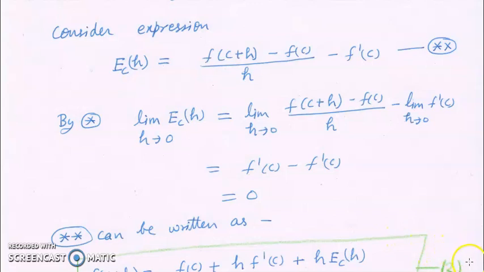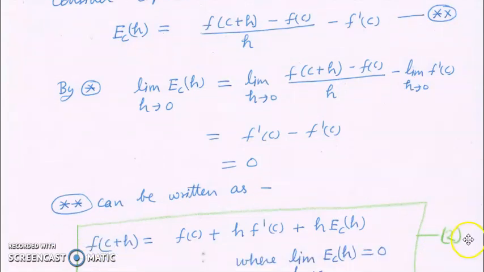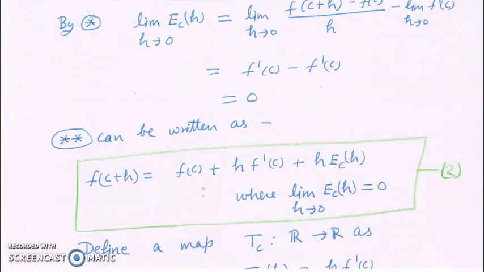Now, this double star can be written as f of c plus h minus f c, so h you will multiply here. So f of c plus h is equal to f c plus h times f dash c plus h times E(h), where the limit of E(h) as h goes towards 0 is 0.